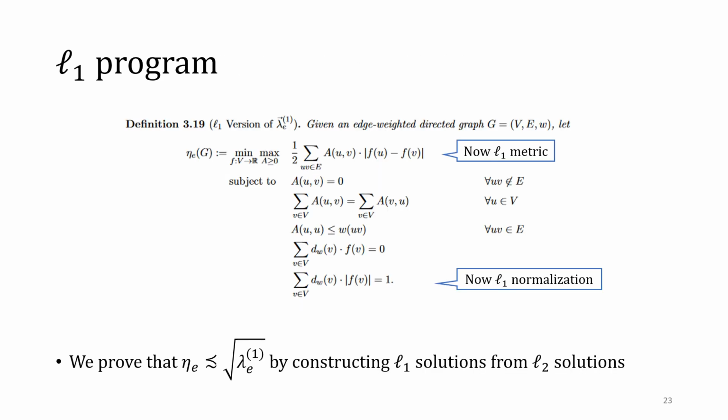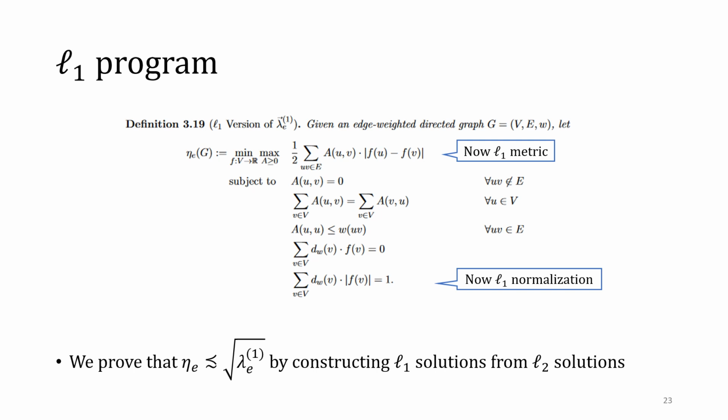So after projecting to one dimension, the next step is to consider the L1 program. We call it nu E of G. It's basically the same as the one-dimensional program lambda E1.